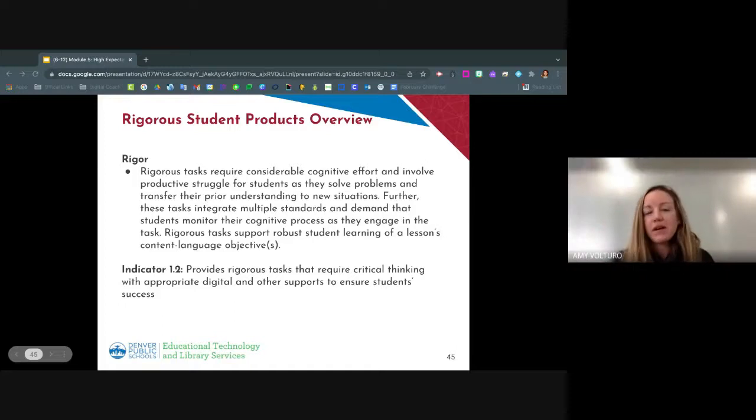Okay, so we're going to start by defining rigor and what it is. I'll give you a second to read this definition of rigor.